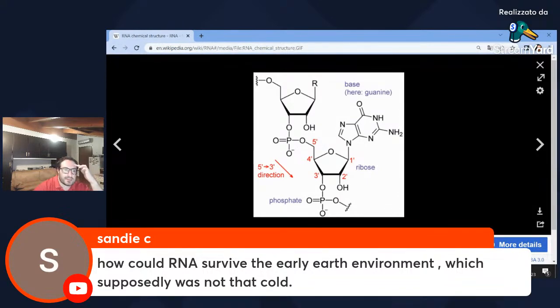Okay, that's the structure of RNA. When you degrade the RNA, you are basically breaking off this bond right here. You have multiple bonds, and when you bond a lot of these molecules, you will get the RNA. You just need to produce more of this chain than is breaking off.